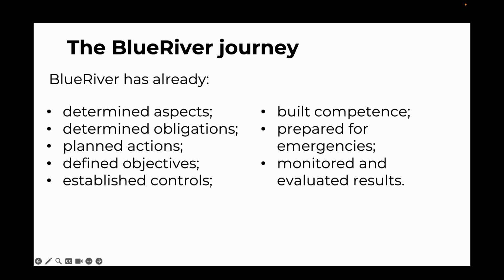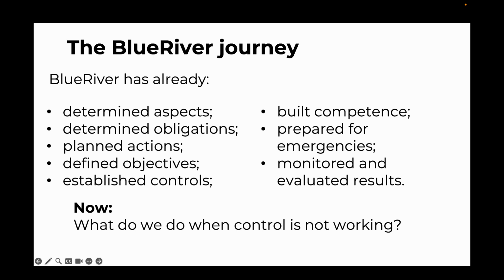Okay? Now we reach the final question in this block. What do we do when control is not working? This is where nonconformity, correction, corrective action, internal audit, management review, and continual improvement come together.